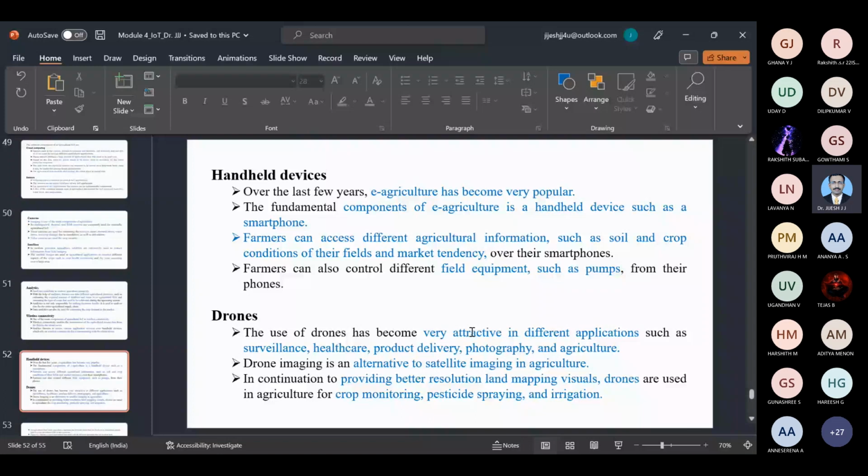Overall, the impact is huge. The facilities available are huge, and the technology has improved in such a way that everything can be monitored at any point of time, which helps crop monitoring, pesticide spraying and irrigation. All of that can be controlled in your hand with handheld devices, and with drones everything can be monitored.